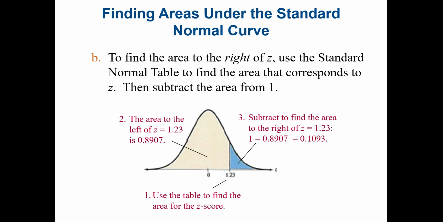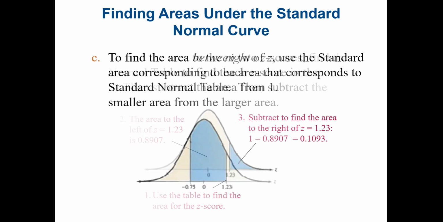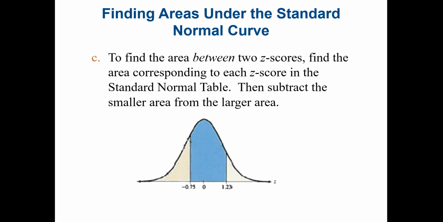So we have seen how to compute the area to the left, the area to the right, and now we want to look for the area between. Now the area between is pretty straightforward, because if you go to your table and look for the area to the left of this number, and look for the area to the left of this other number, it simply means you deduct the smaller area from the bigger area, and it's going to give you the area in between.